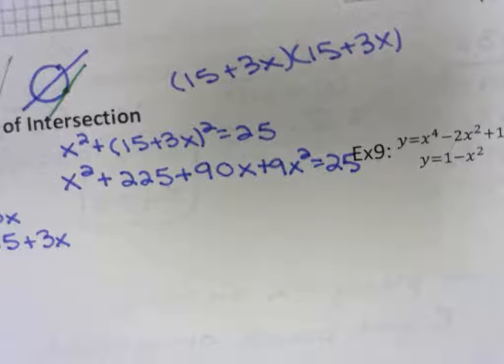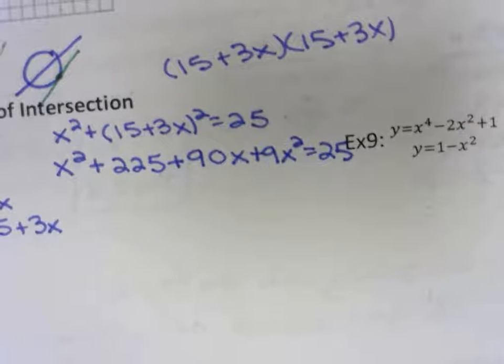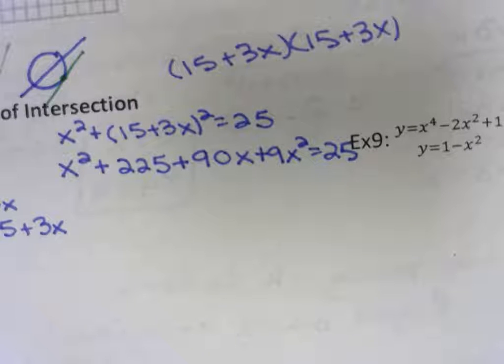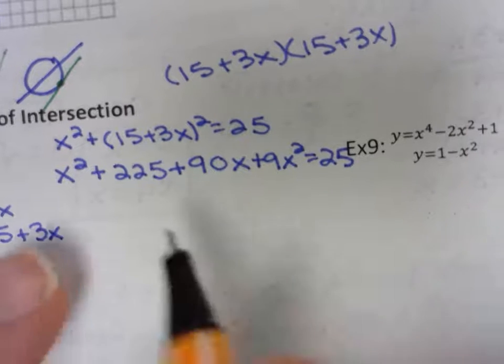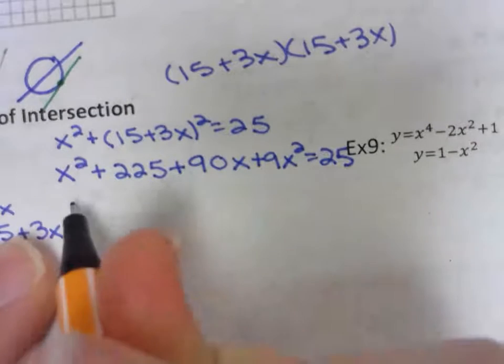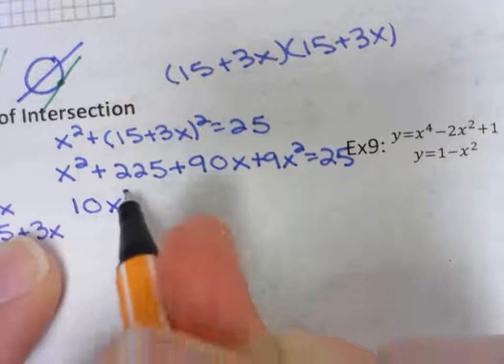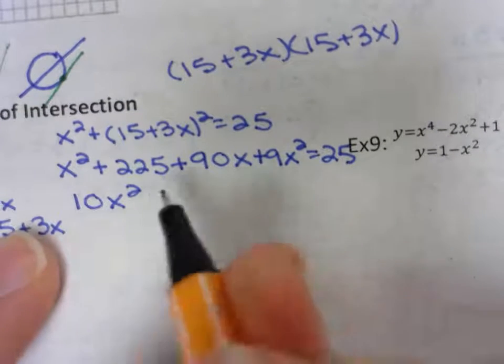So it's probably messier than any system you've done before, but it's the same idea. What type of equation do I have here? Quadratic. So my first thought is I want to try to do what? Factor if I can. In order to try to factor, I need to get everything equal to 0. So let's combine what I have. X squared and 9x squared make 10x squared, plus 90x.